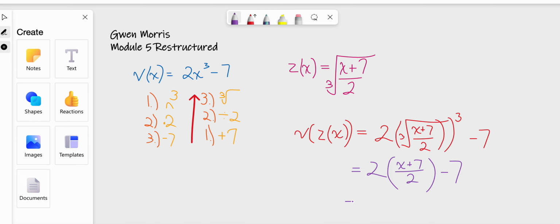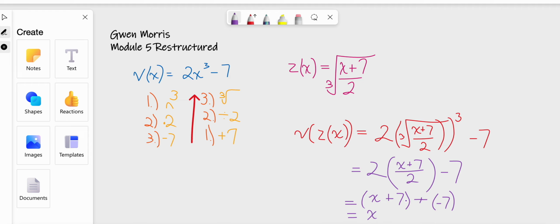I'm just going to have x plus 7. To make better use of the associative property of addition, I'm going to say this plus negative 7. Now that I can use the associative property, I'll have x plus 7 plus negative 7.